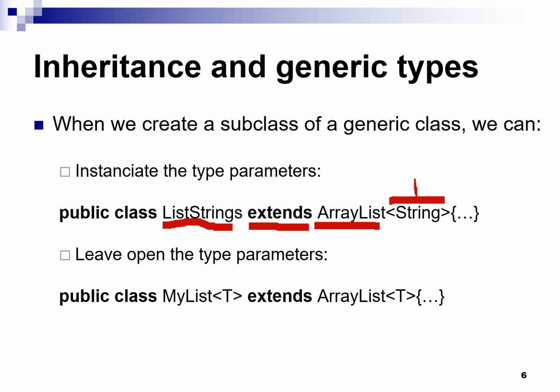So here I'm creating this type, which is a specific subclass of ArrayList of String. The other possibility is to leave open the parameter types. So I have here again an ArrayList. This time I leave open T, right? And then I declare a type which is also generic. So I have here my list of T. So T is still open, and T should be the same T as this one here.